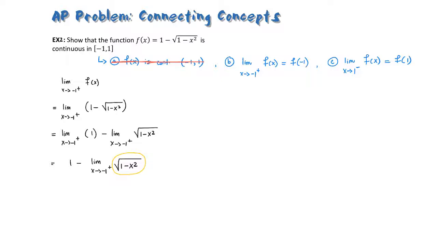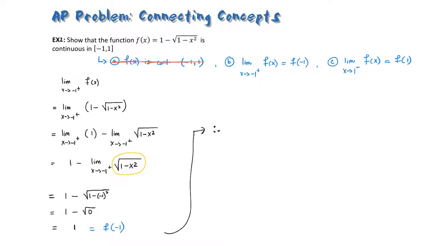So then that's going to be equal to 1 minus the square root of 1 minus -1 squared, which is going to be equal to 1 minus the square root of 1 minus 1, 0. That is going to be equal to 1. And I know immediately that 1 is equal to f of -1. And this is giving us now the desired result.